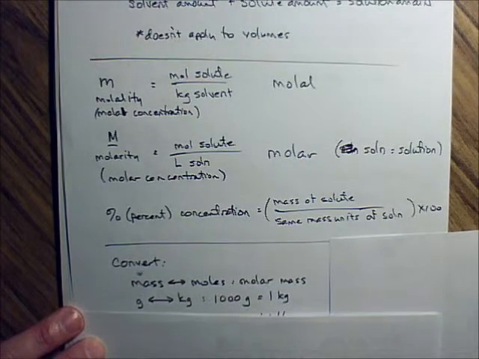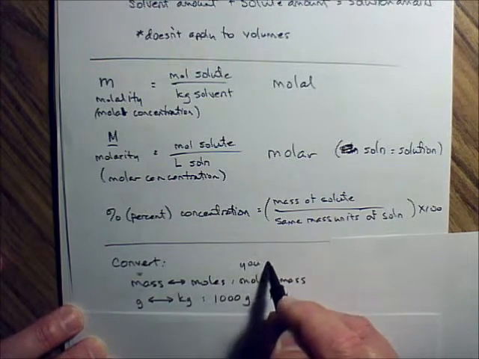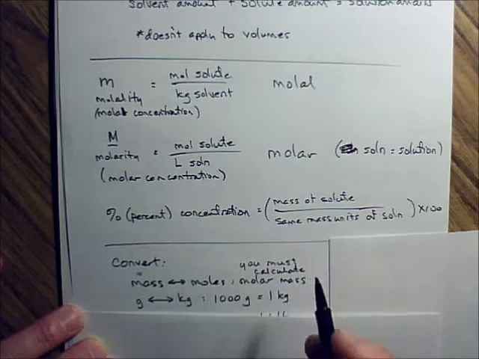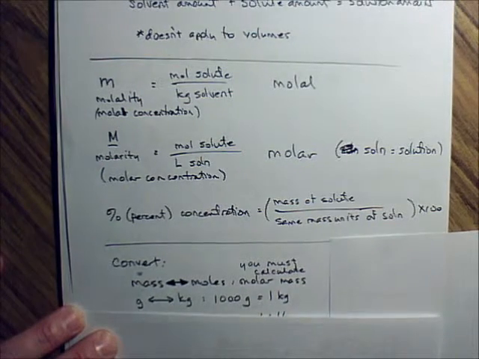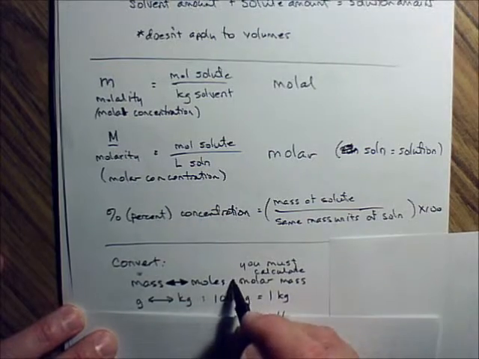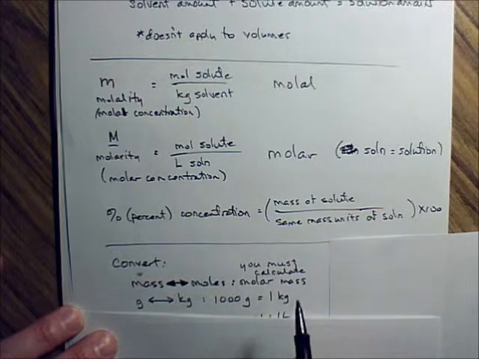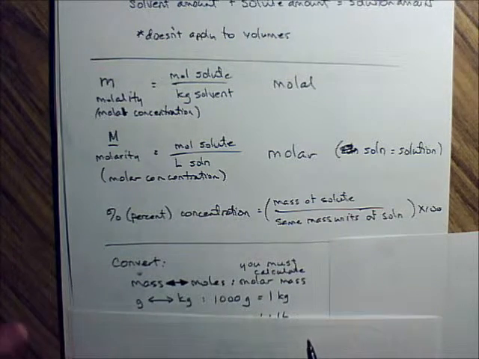When you convert mass to moles or moles to mass, you have to calculate the molar mass. And remember, molar mass always has an equality statement at the end. We have an equality statement when you do it correctly, when I teach you to do it.